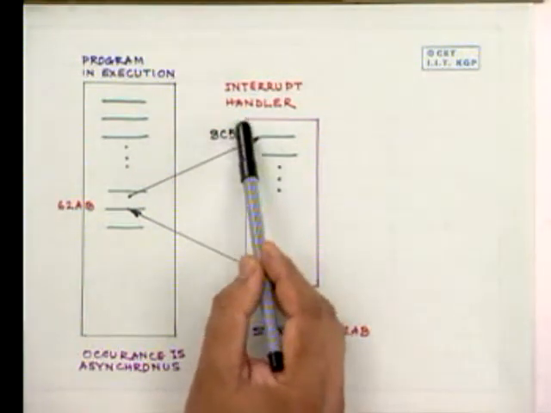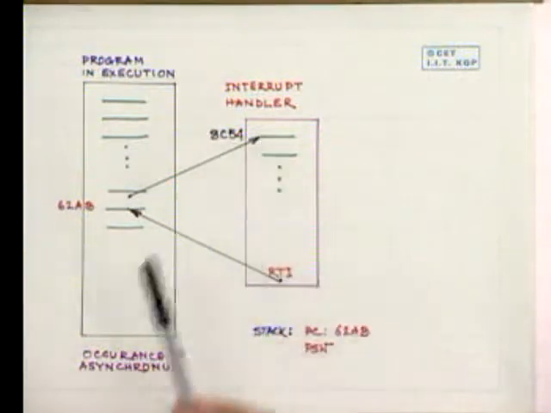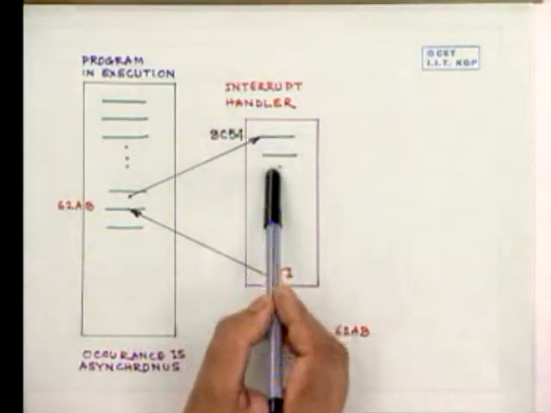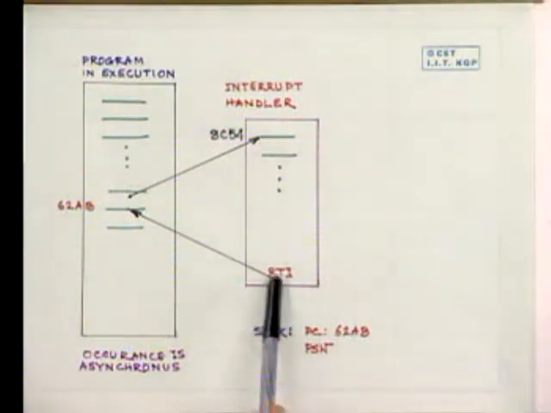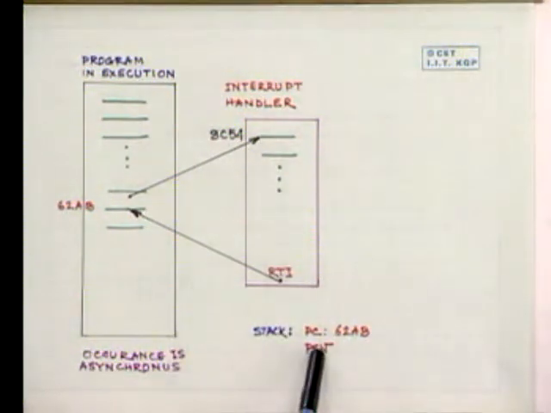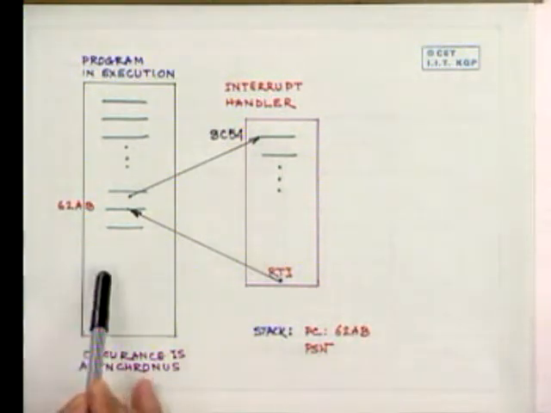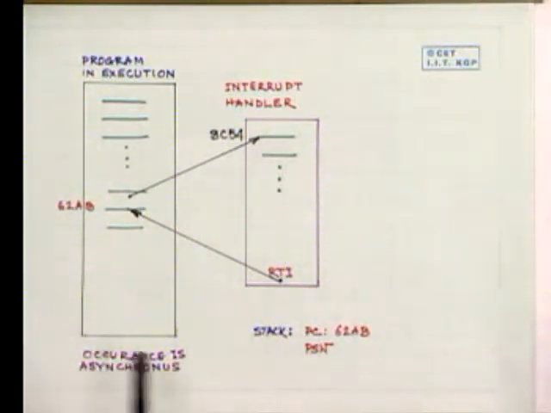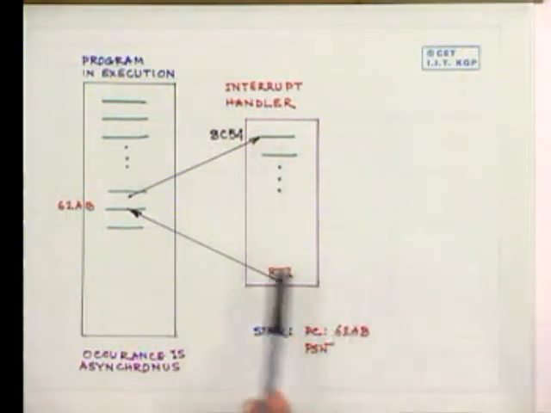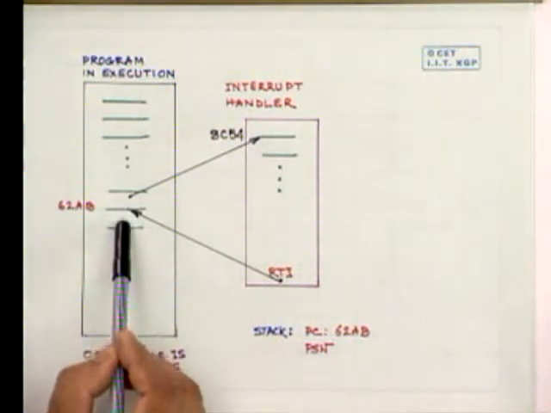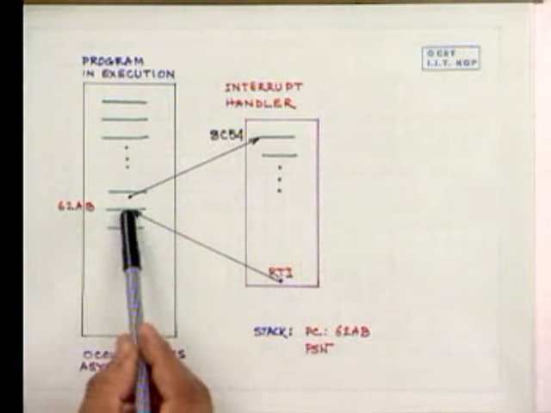That means it is, say, HC54, which is loaded to the program counter. This interrupt handler routine will be executed, and on return from interrupt, the old processor status word would go back to the processor status word corresponding to this program environment. The program counter old value will go back to the program counter. Therefore, the program counter is now pointing to this, and then the execution of the old program will start.